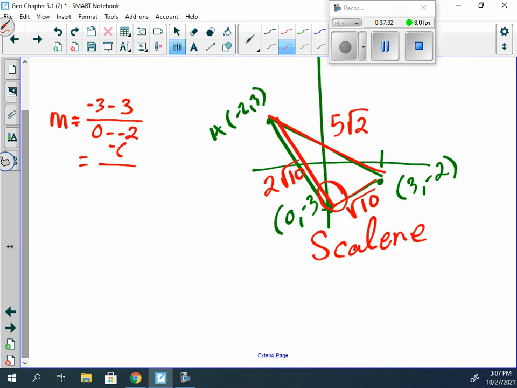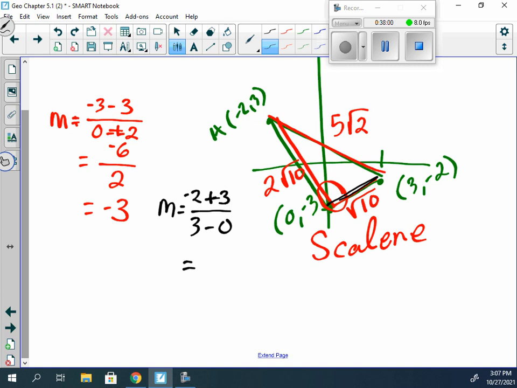Negative 3 minus 3 would be negative 6. Negative negative would make a positive 2. So this here would be negative 3. The next one would need to be positive 1/3. So our other slope that we're looking at is right here. So we would have negative 2 minus negative 3 over 3 minus 0.